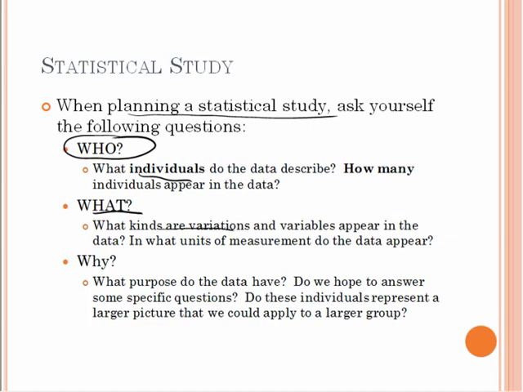So what kinds of variations and variables appear in the data? This would be something that you've done if you do a before-after study, right? So in other words, John Q. patient weighed 180 pounds before, and then lost some weight, and now he's 165.